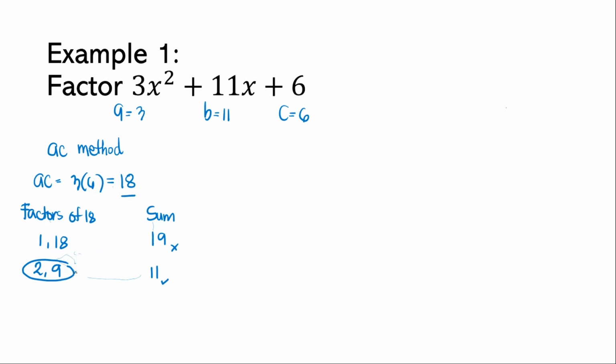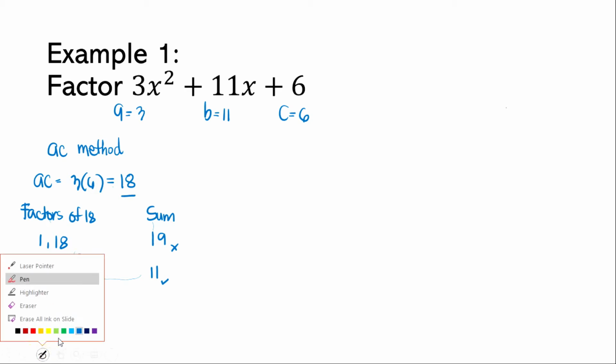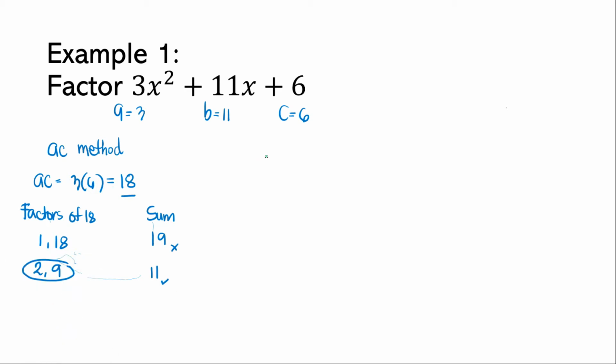What we're going to do is to rewrite the given. Let's have the given 3x squared plus 11x plus 6. And then itong 11x, i-break down natin siya into these factors na nakita natin. Okay?